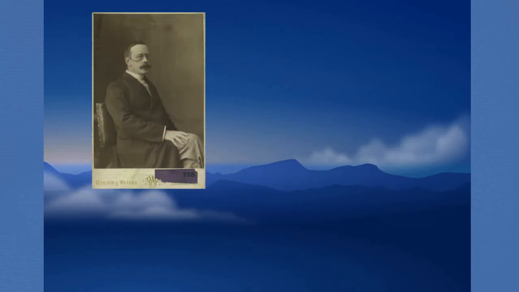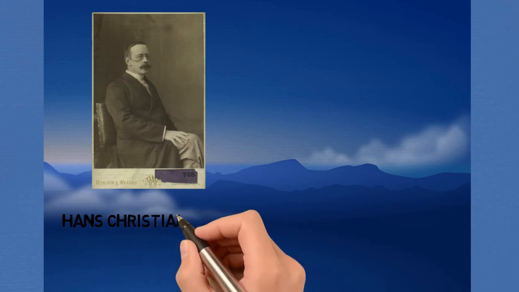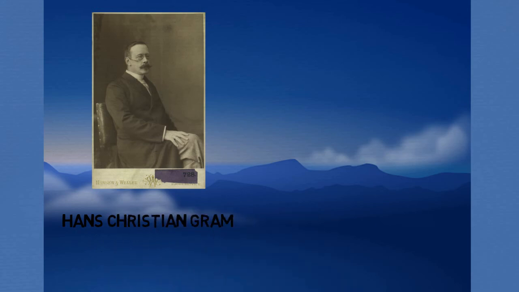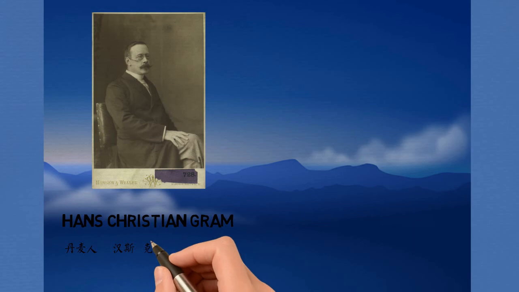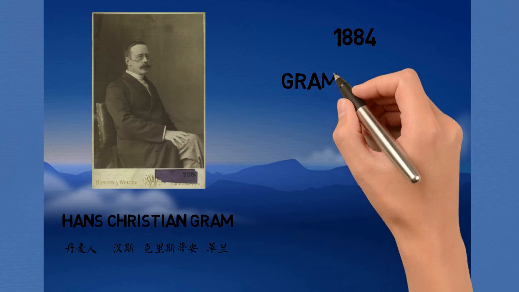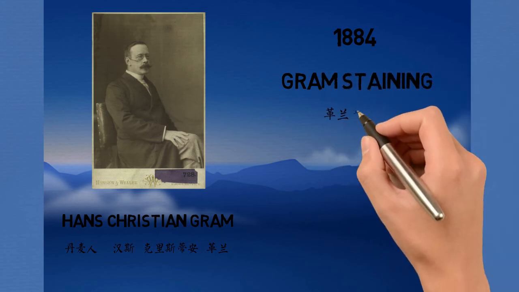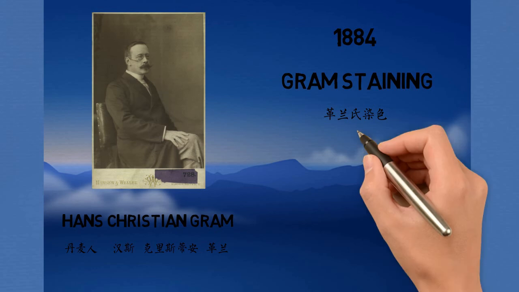In 1884, the Dane Hans Christian Gram invented Gram staining. Gram staining is a method used to identify bacteria. This staining method uses the differences in the biochemical properties of the bacterial cell wall, and the bacteria can be divided into two categories, namely Gram-positive and Gram-negative.